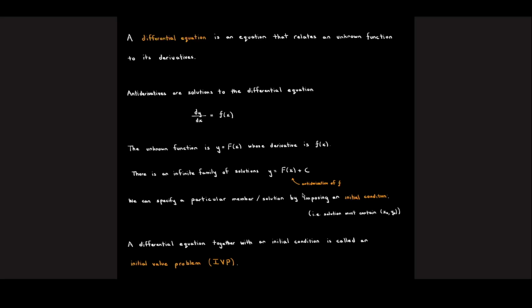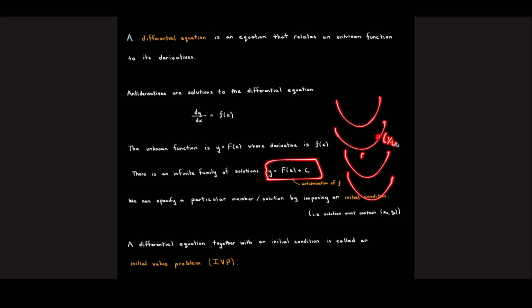But continuing, if you have an entire family of functions, you can specify a particular member of the family by imposing an initial condition. These functions are just shifted copies of one another, and we're looking for a particular member of the family that contains a particular point, x naught, y naught.